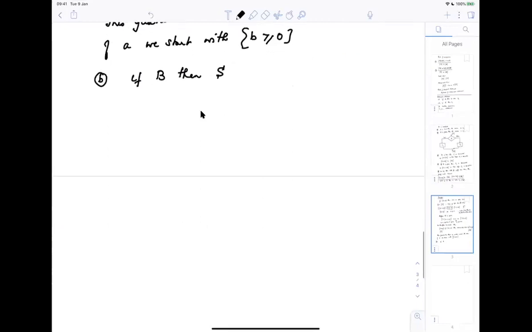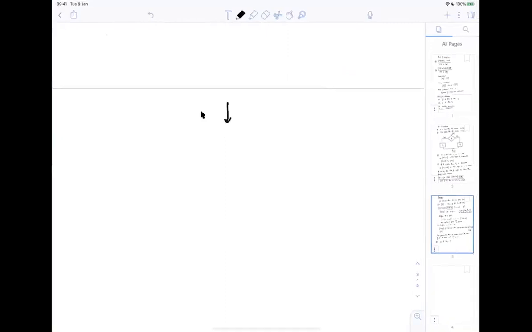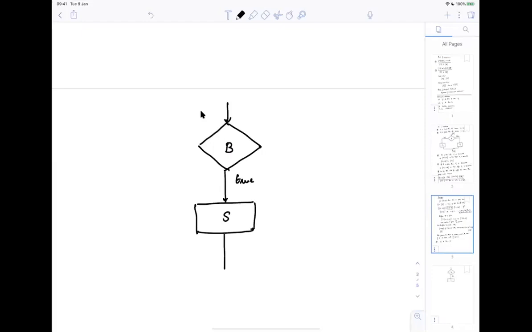So again here, B is a Boolean expression, and if it is true, then we execute the statement S. If it is false, we do not execute it, but it should lead us to the same Q.